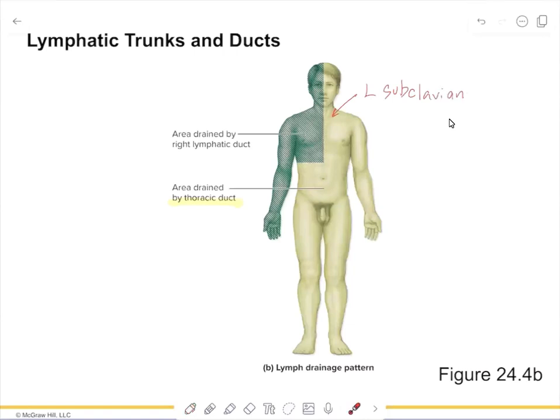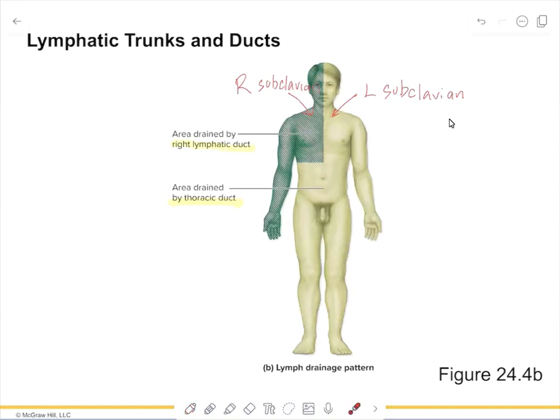For any of the lymph that drains from the right arm or right thorax or right head, all of that lymph fluid is going to travel through lymph nodes, lymphatic vessels, lymphatic trunks, and will eventually go back into the right lymphatic duct, where it's going to re-enter circulation through the right subclavian vein.